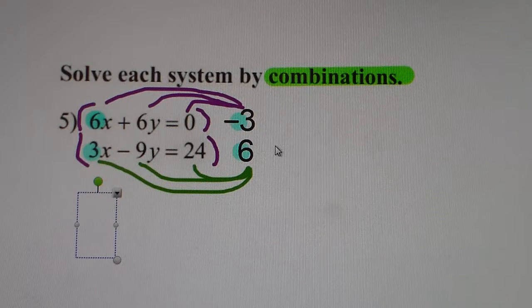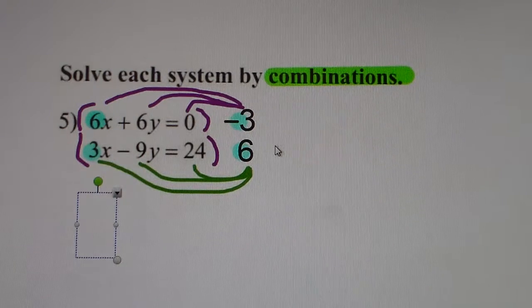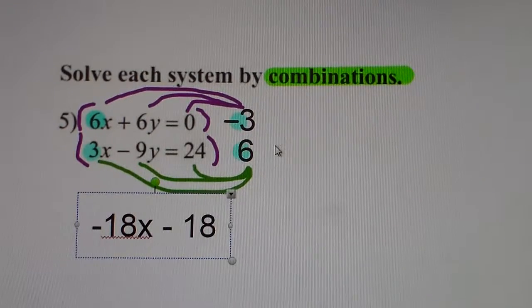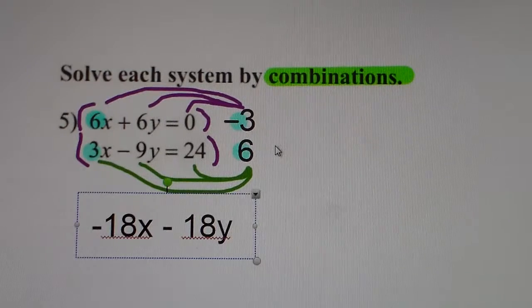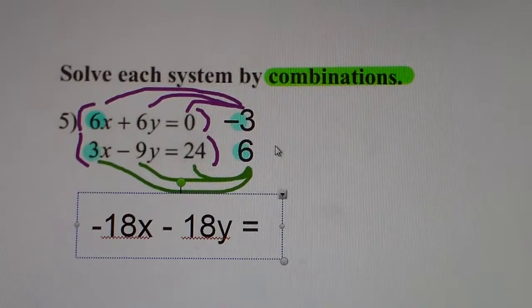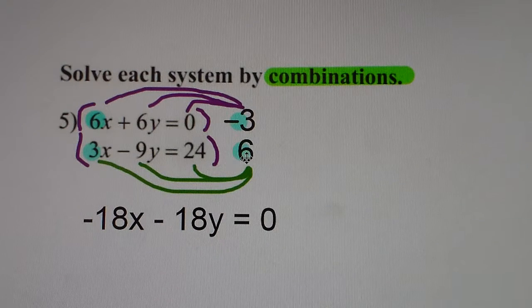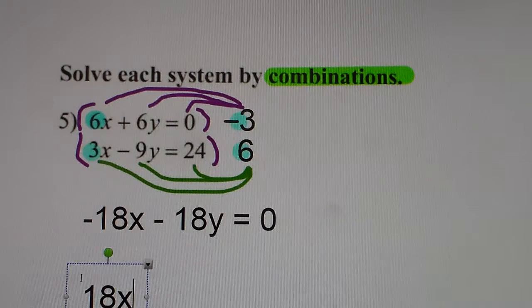Top equation, 6x times negative 3 is negative 18x. 6 times negative 3 is negative 18y. And 0 times negative 3 is 0. Next up, you do 6 times 3, which gets you 18. So you're going to have 18x.